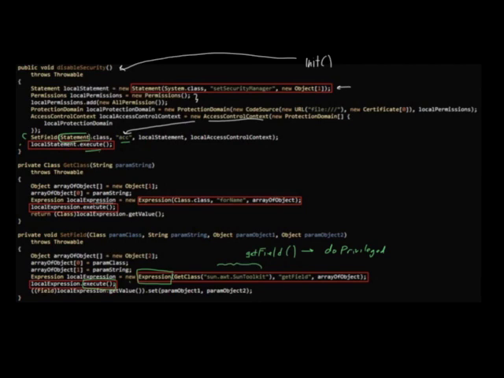Through these statement methods and expression methods, and through executing the contents created within these statements and expressions, the attacker is able to trick the Java runtime environment into allowing its own access control context to be swapped in and replace the existing one.